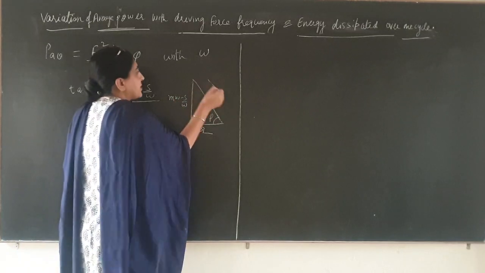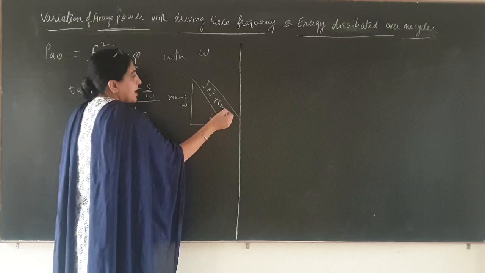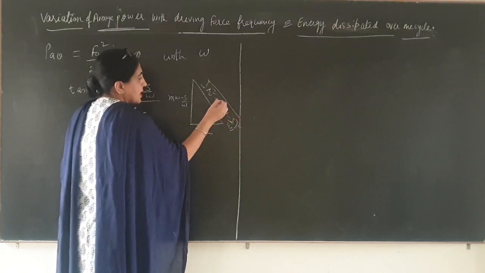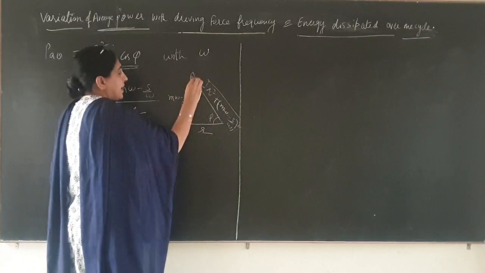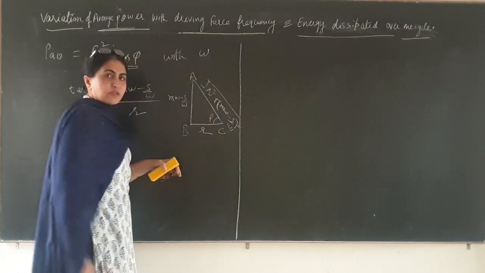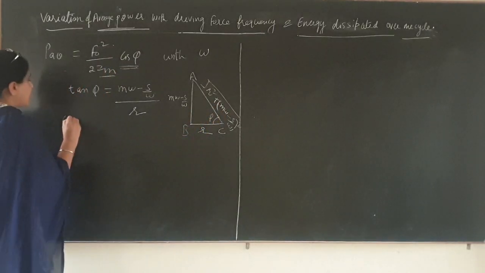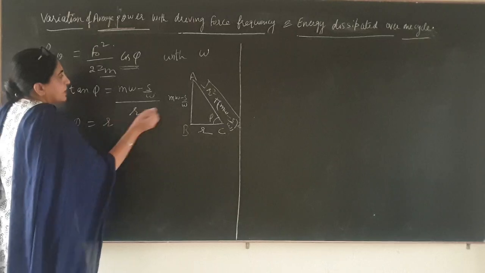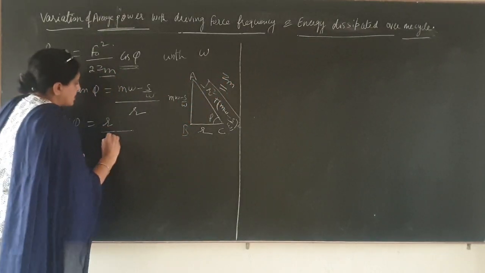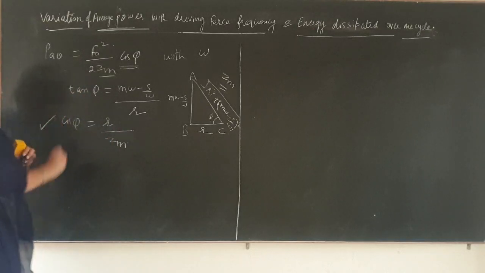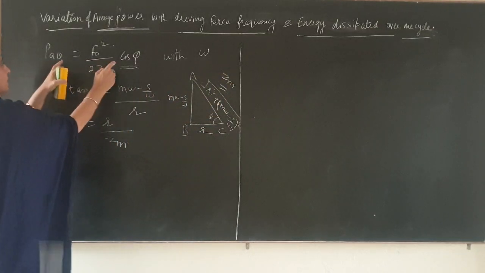And this will be Zm, that is equal to under root of r square plus (m omega minus s over omega) whole square. Clear? So from this triangle ABC, you can find out cos phi. Cos phi will be base over hypotenuse, so cos phi is equal to r upon Zm.